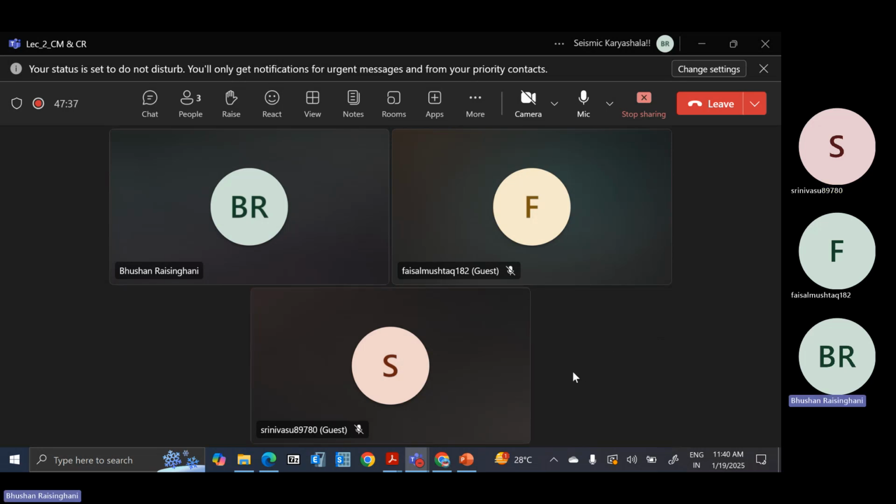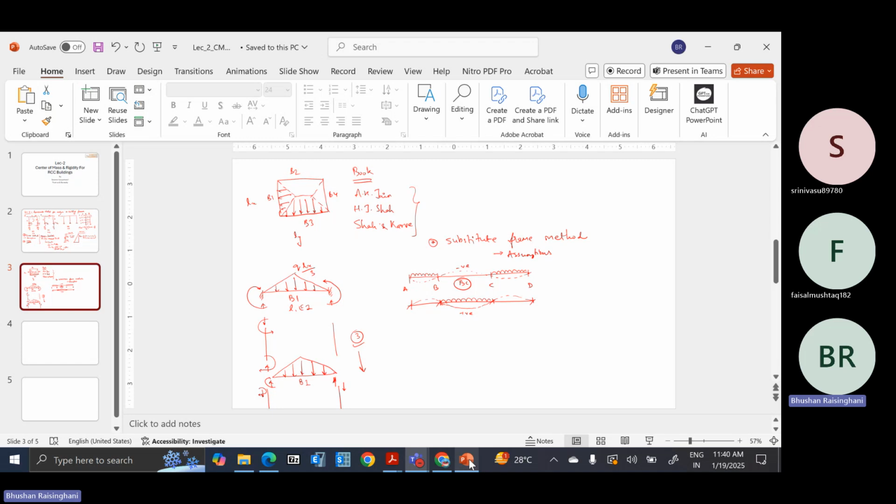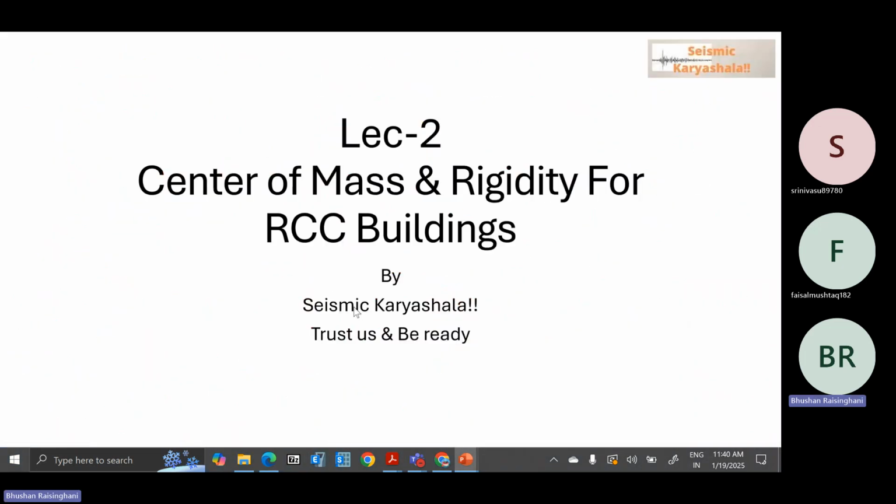Okay, so let us now focus today on center of mass and center of rigidity. That is lecture number 2, and this is very important for any building that you are going to plan for high-rise structure.